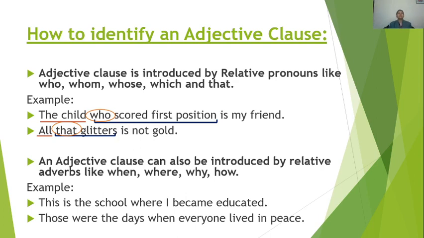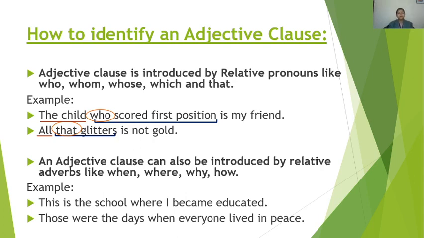So basically the adjective clause is introduced by relative pronouns and relative adverbs, and you have to keep these relative pronouns and relative adverbs in mind, children, like who, whom, whose, which, and that, apart from when, where, why, and how.